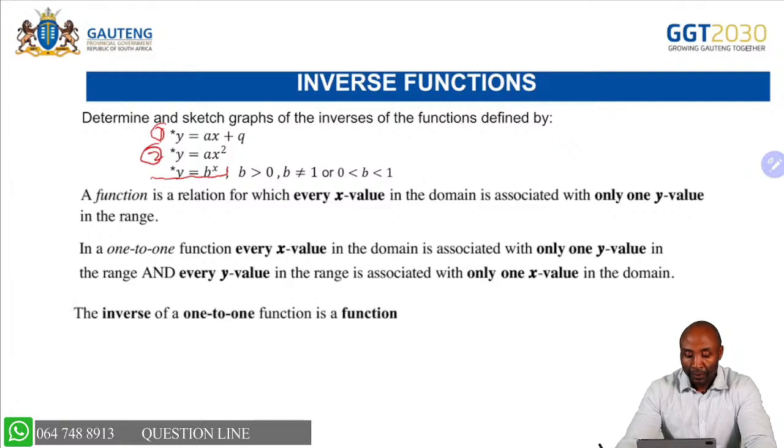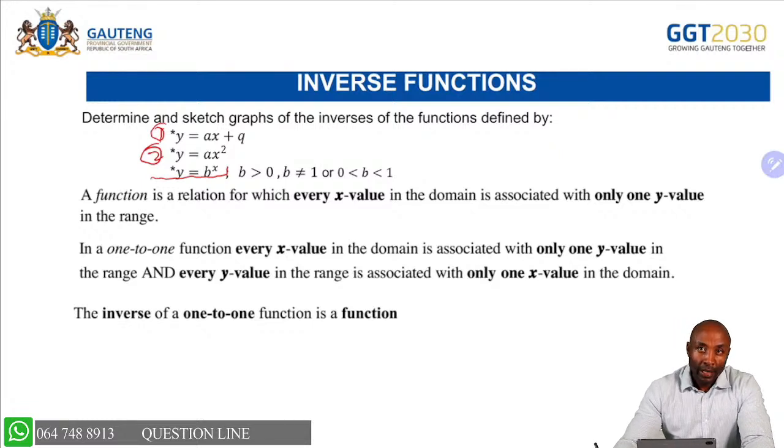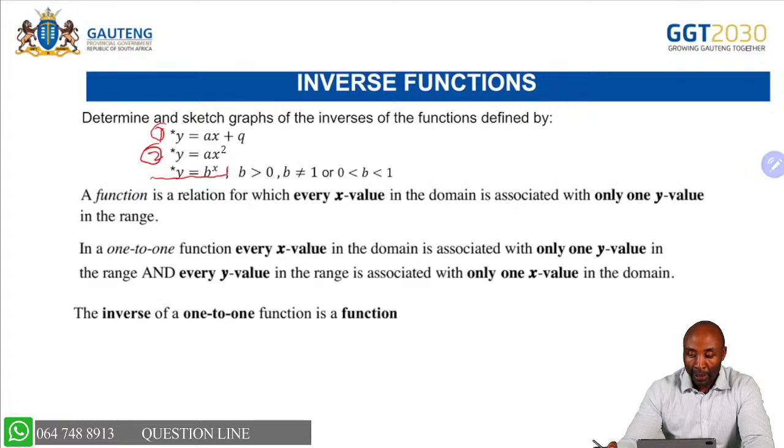Now, we also saw that the inverse of a one-to-one function is also a function, after we had explored that the inverse of a parabola per se was not a function because it would fail the vertical line test, and it will also fail the horizontal line test. So we will see that as we move forward.